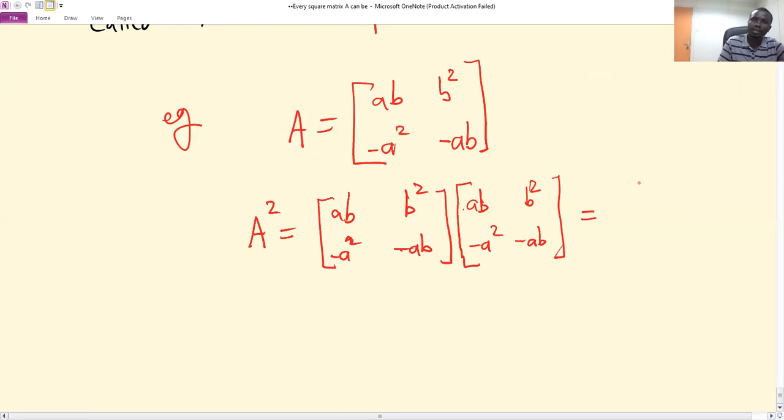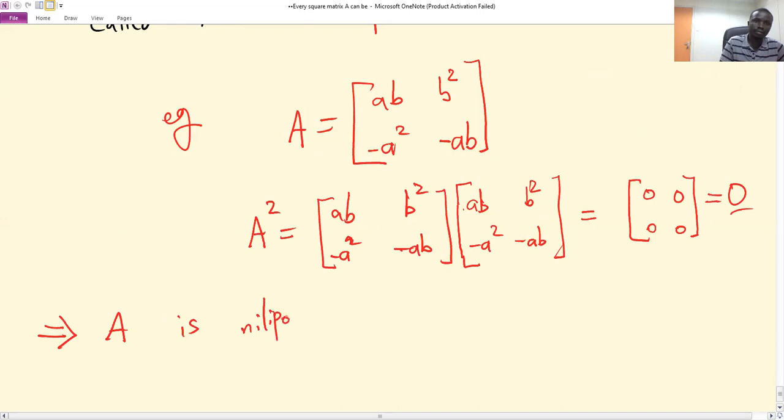When you work this out, you get the null matrix of order 2, which is the zero matrix. So this A is a nilpotent matrix whose index is 2.